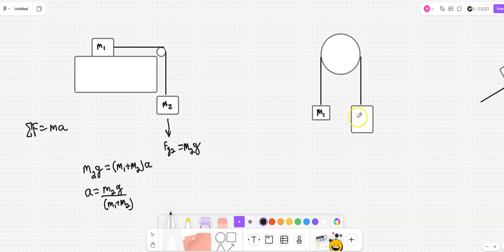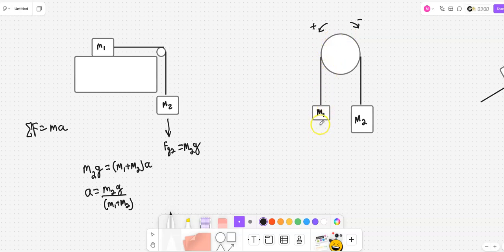And let's take a look at the Atwood machine and compare it. So this is mass 1 and mass 2. Just to be fun, we'll make this direction positive and this direction negative, because things that rotate in this counterclockwise direction, that's a positive rotation. So now I know these are both pulling down, but with respect to the pulley, they are pulling in opposite directions.